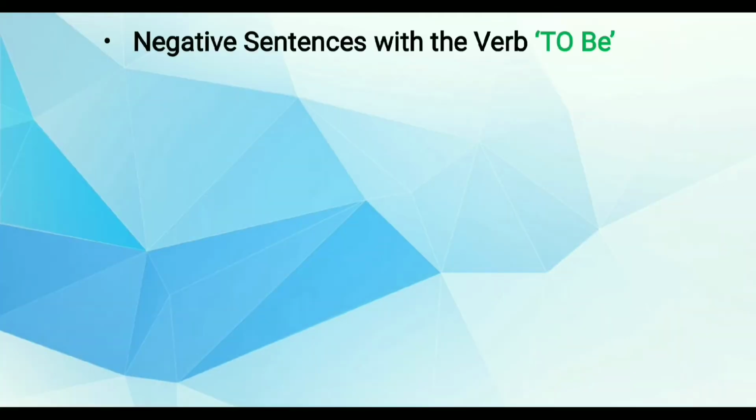First is negative sentences with verb to be. This type of negative sentence we already learnt in our previous lecture. Let's see what the verbs to be are. Is, am, are, was and were are called the verbs to be.